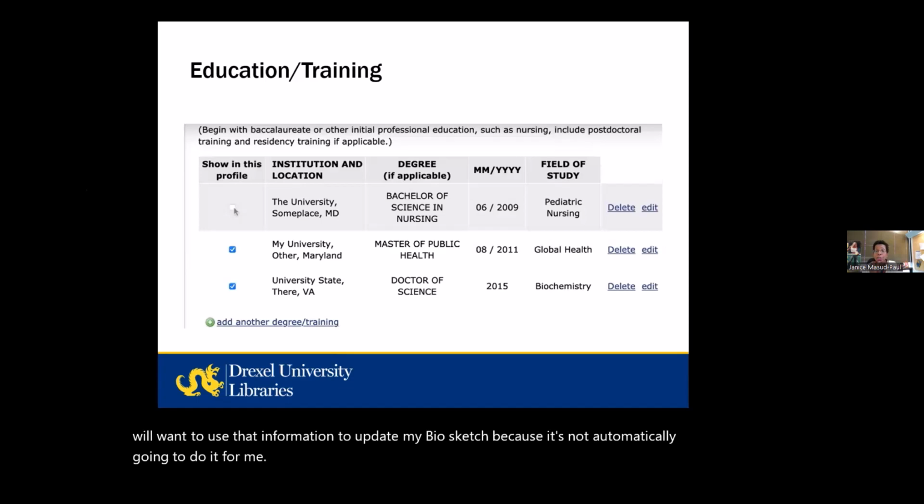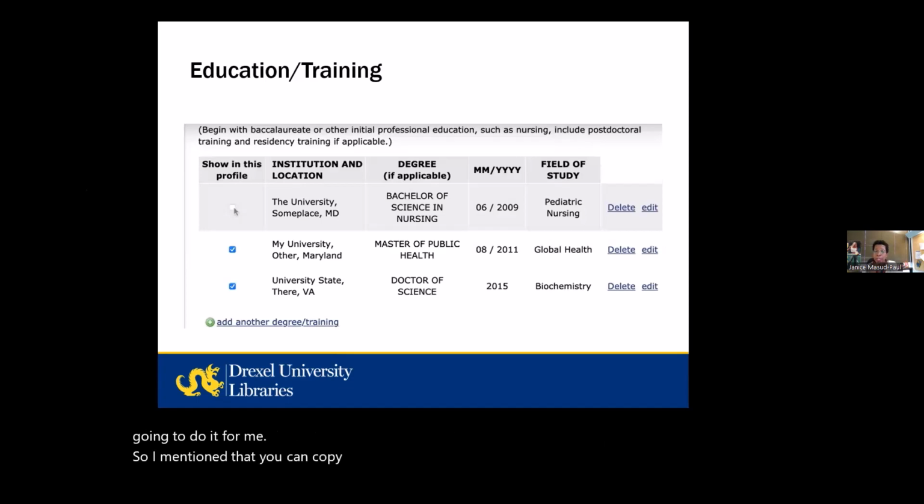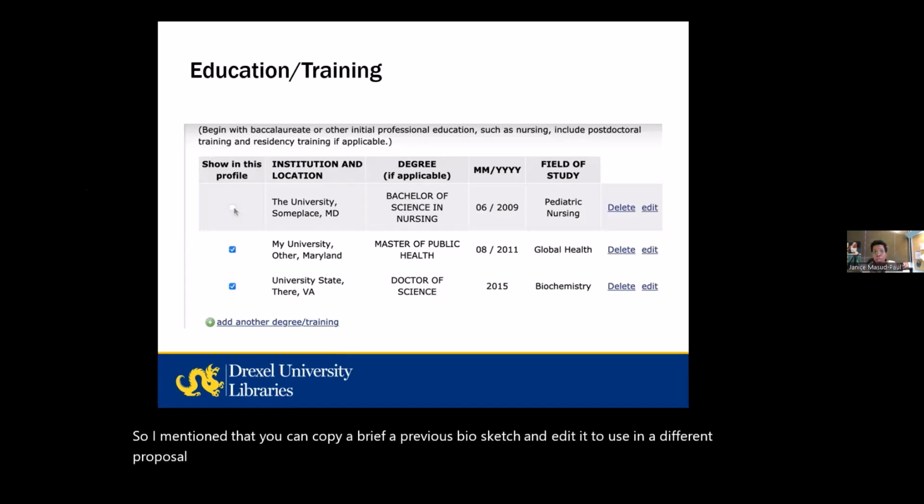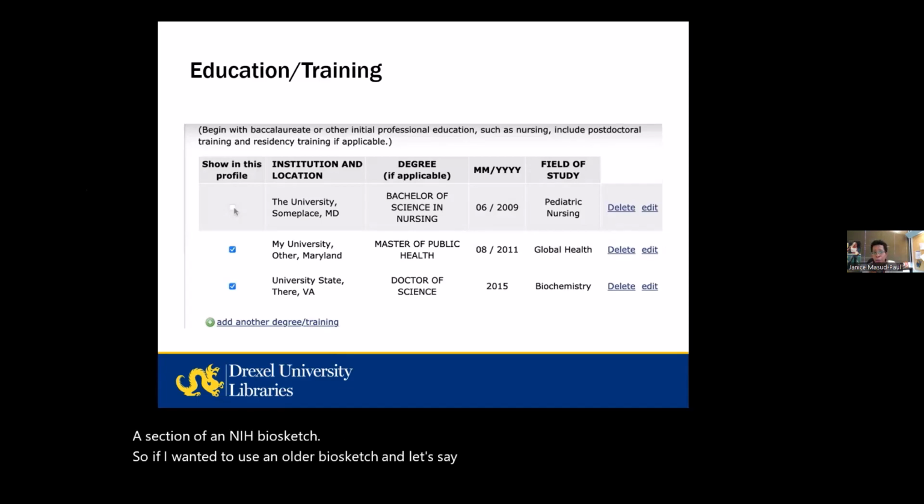So I mentioned that you can copy a previous Biosketch and edit it to use in a different proposal. This is an example of, I think it's the Part A section of an NIH Biosketch. So if I wanted to use an older Biosketch and let's say update that information, I have a couple of options.